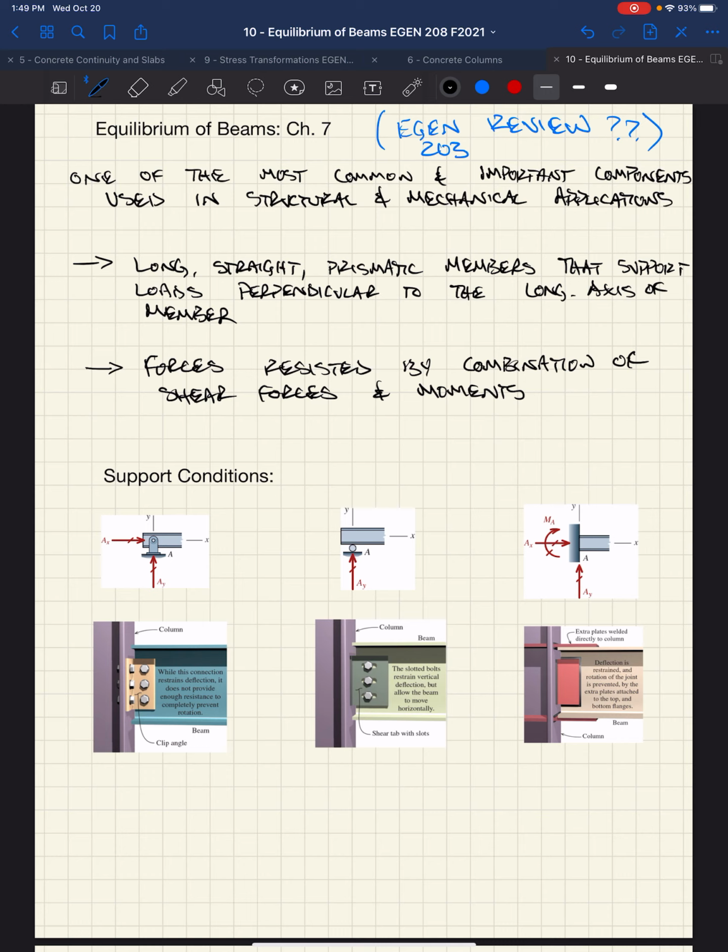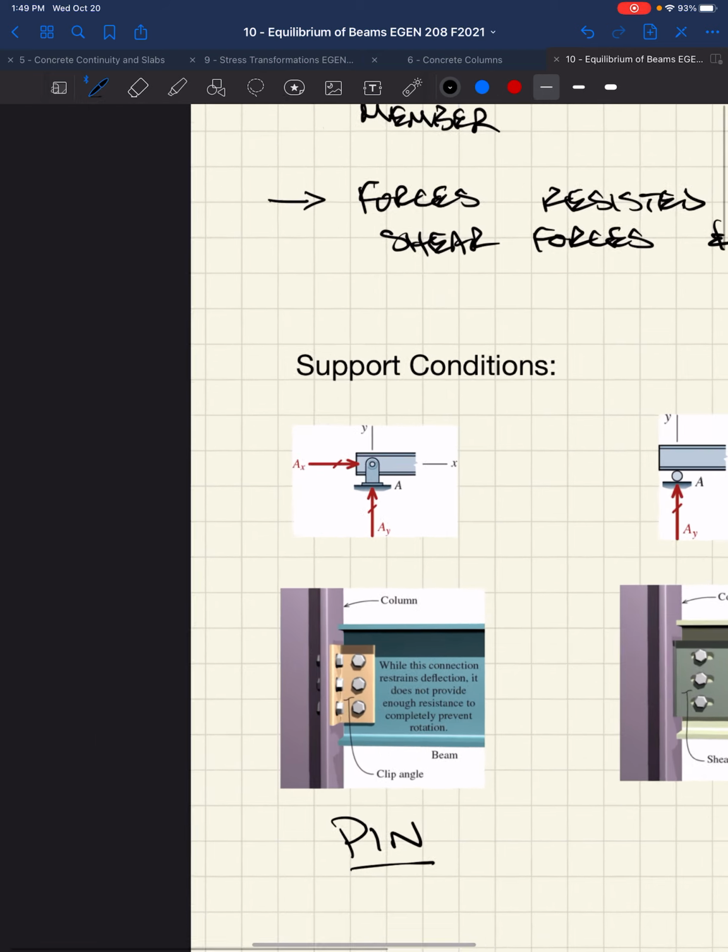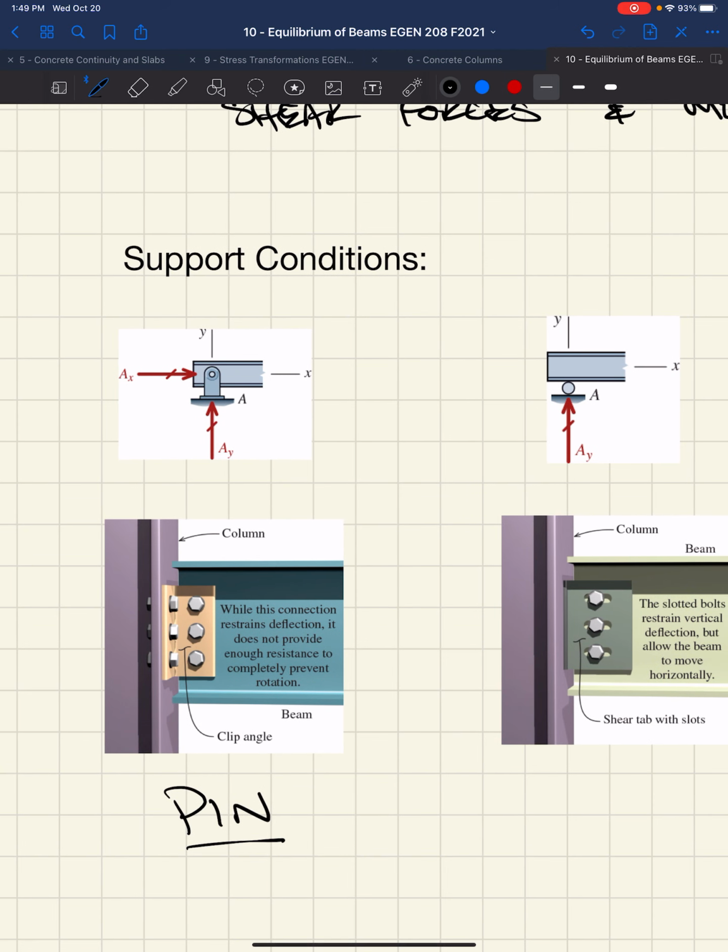When we talk about beams, we largely idealize support conditions into three categories. The first one, you guys have seen a lot, is the pin connection. If we looked at the reactions of a pin connection, we have a vertical and horizontal reaction.